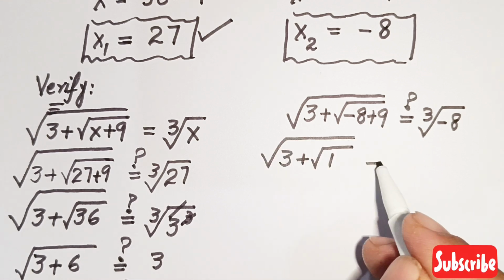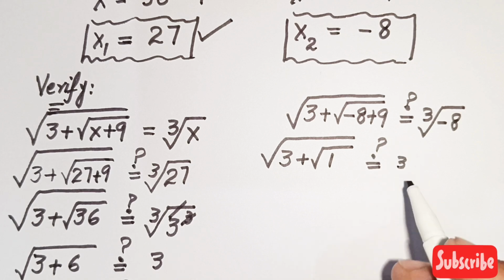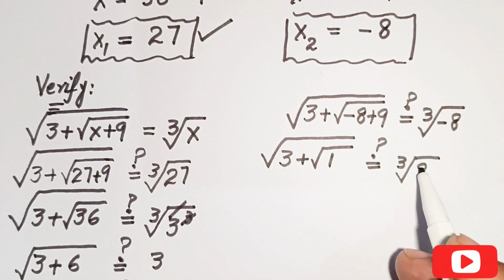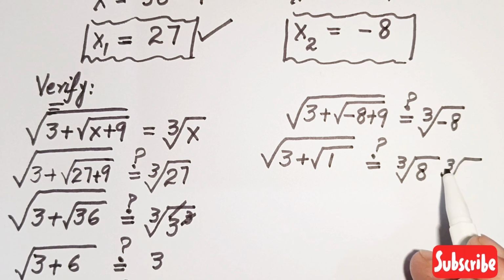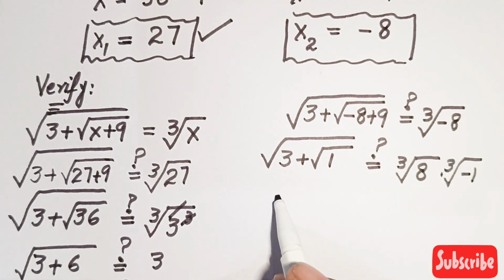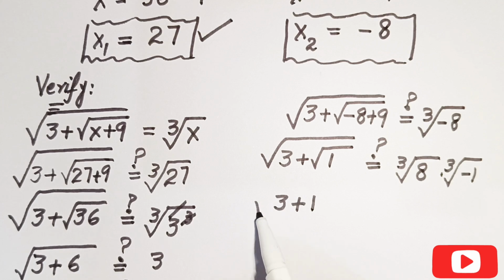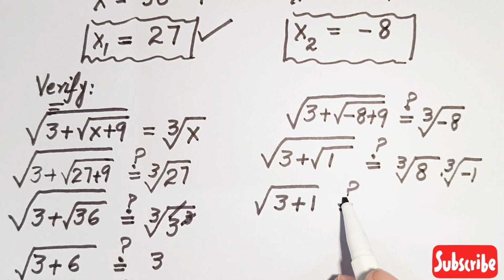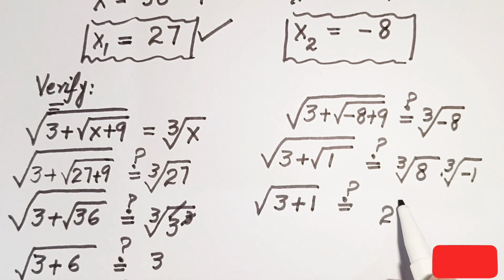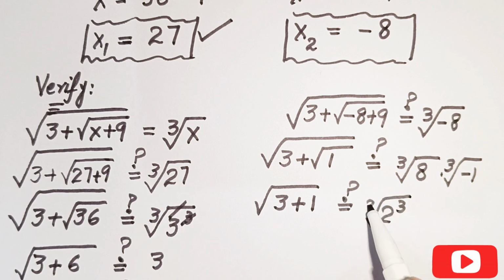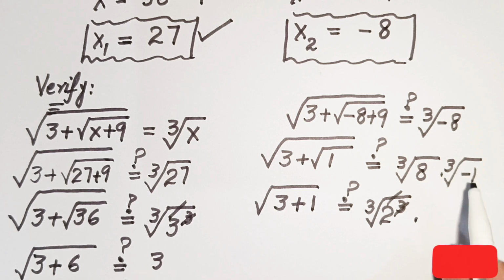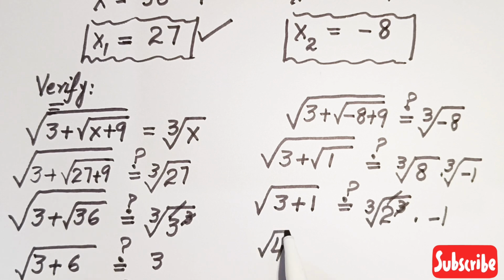The cube root of minus 8 can be written as cube root of 8 times minus 1. So we get 3 plus square root of 1, whole square root. Then 2 cubed is 8, cancelling the cube with the cube root, we get cube root of minus 1, which is minus 1. So we have 3 plus 1 is 4, square root.